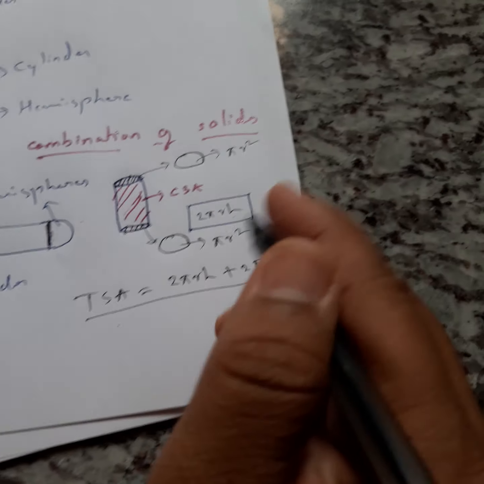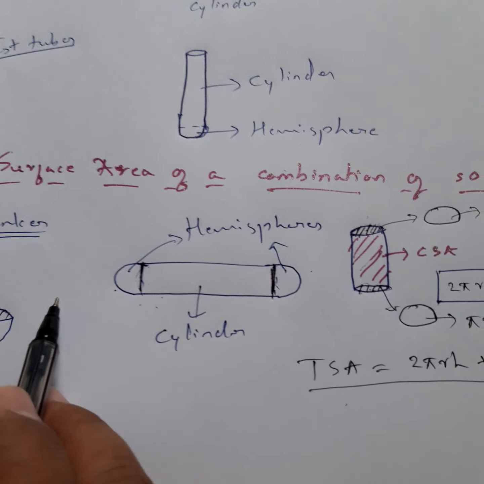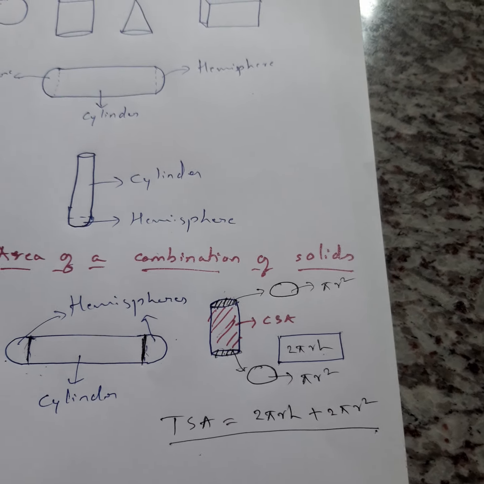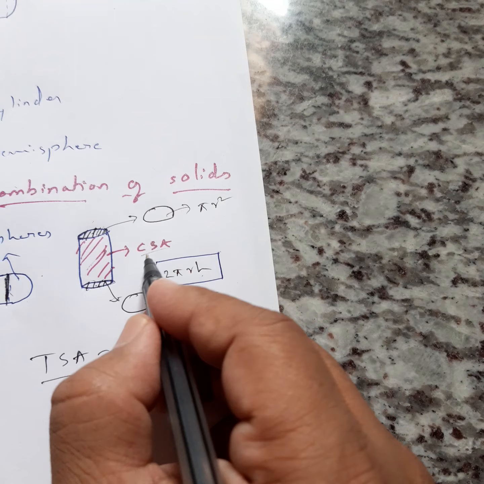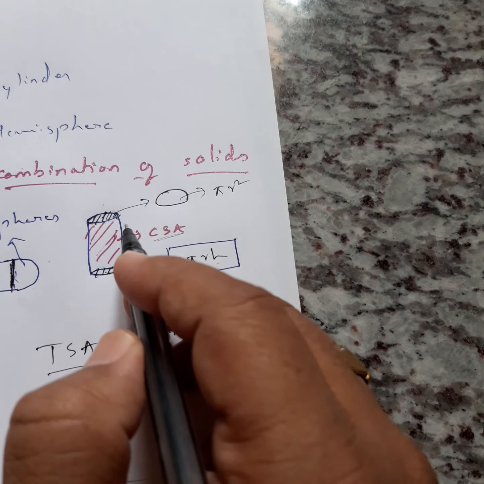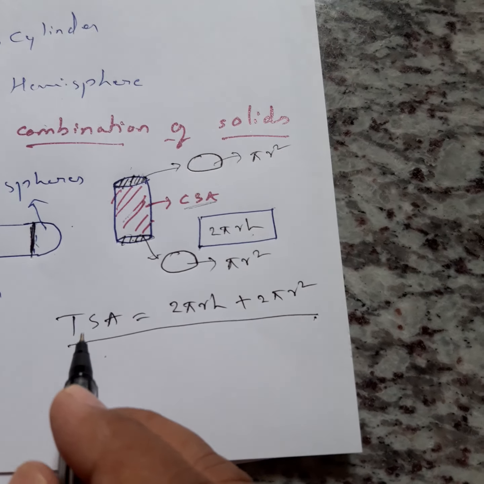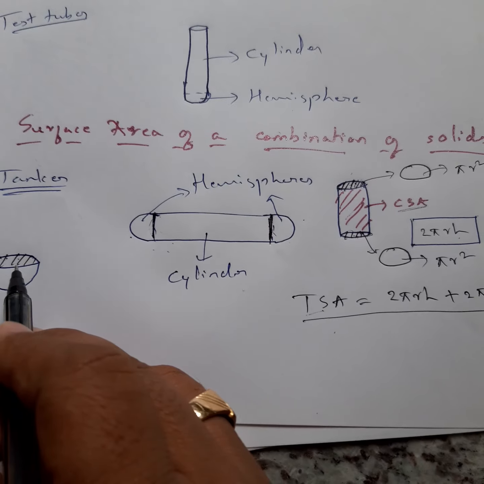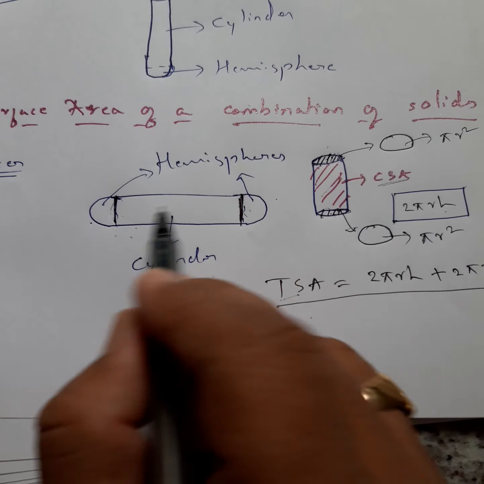That's why, while finding the surface area of this particular solid, we are forgetting about these two circles of the cylinder. So we are going to find only the curved surface area of the cylinder, not the total surface area. Remember this. Why are we not finding the total surface area? Because these two circles are getting combined with the circles of the hemisphere in this solid.